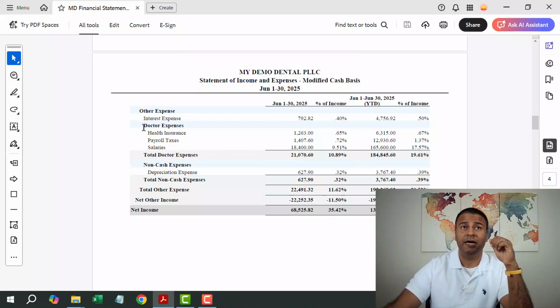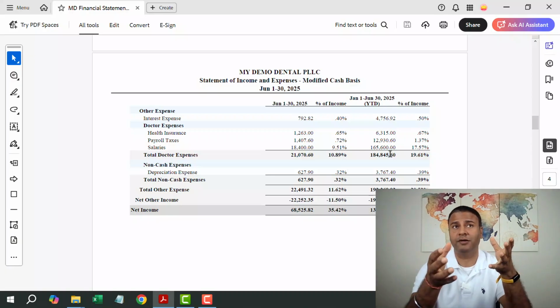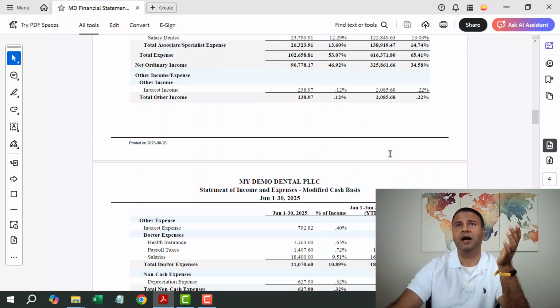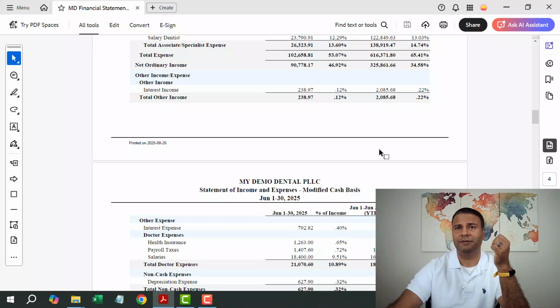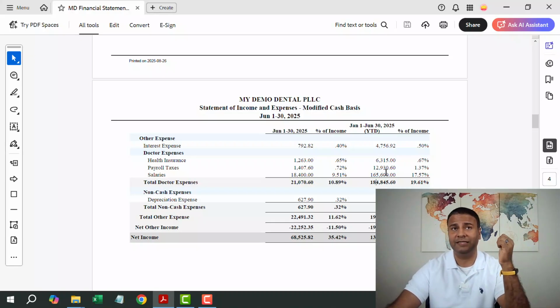Okay, this is doctor expenses. This is where we keep any expenses related to the owner doctor. We want to be able to see, as a single practice owner, how much money you are making before you pay yourself and pay all the other expenses that are specific to your practice, like interest expense. Okay, so this one's telling us that this practice has paid $165,000 to this dentist as salary.